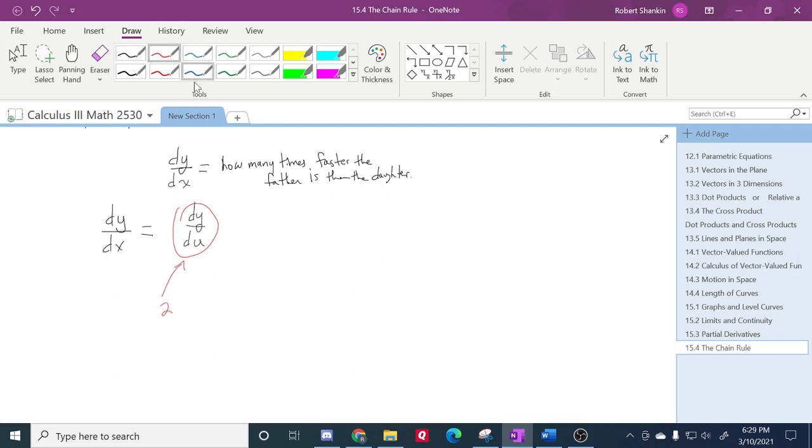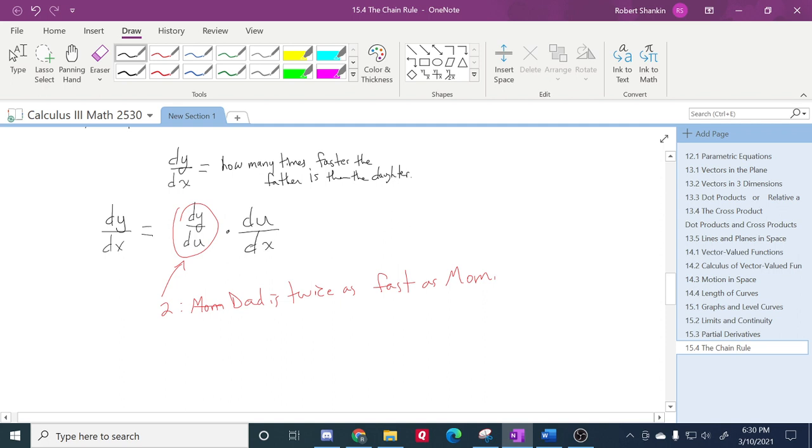Dad is twice as fast as mom. Alright, now the mom is the intermediary, and the daughter will race against the mom.